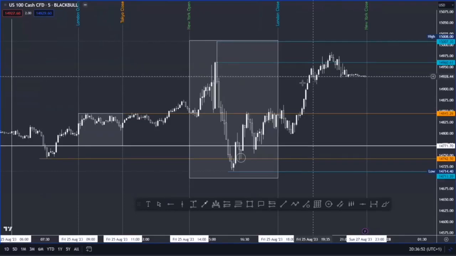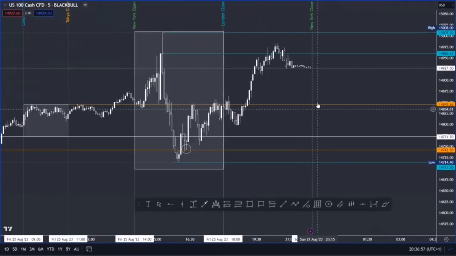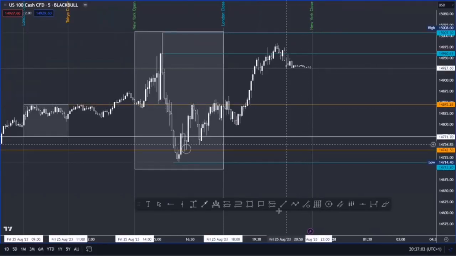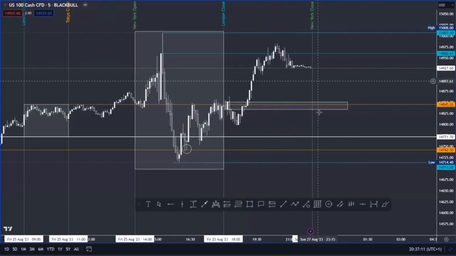So if we are expanding to the downside to collect orders, we are probably going to be looking at the previous session Tokyo low, and this would be an expansion to the downside, a breaker block, a bullish breaker.